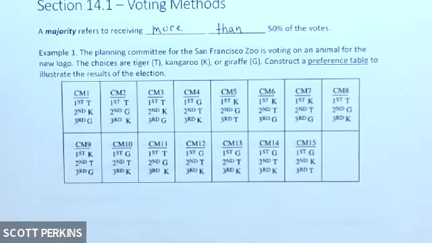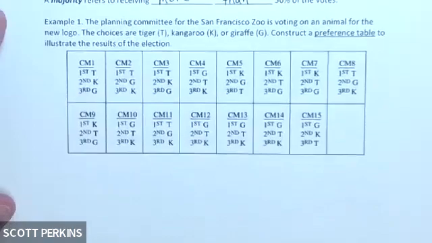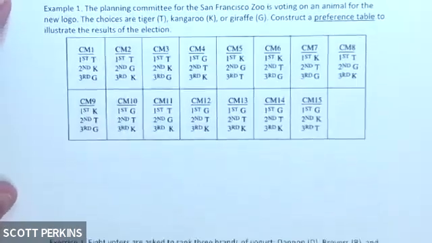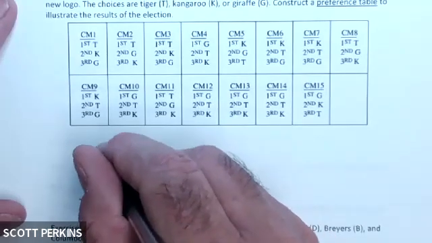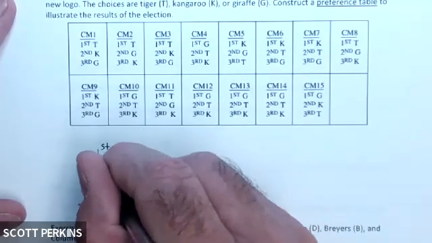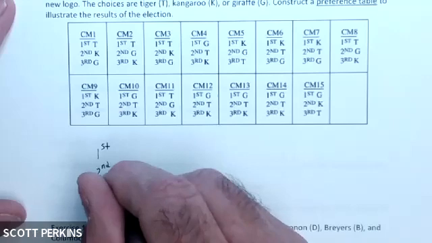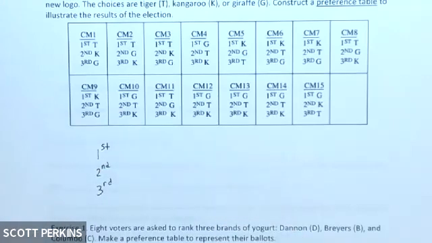A preference table is not anything too big of a deal. It just lists the total number of outcomes of each of the different arrangements. We're going to go through the different arrangements of first, second, and third, and see how many ballots were submitted for each.